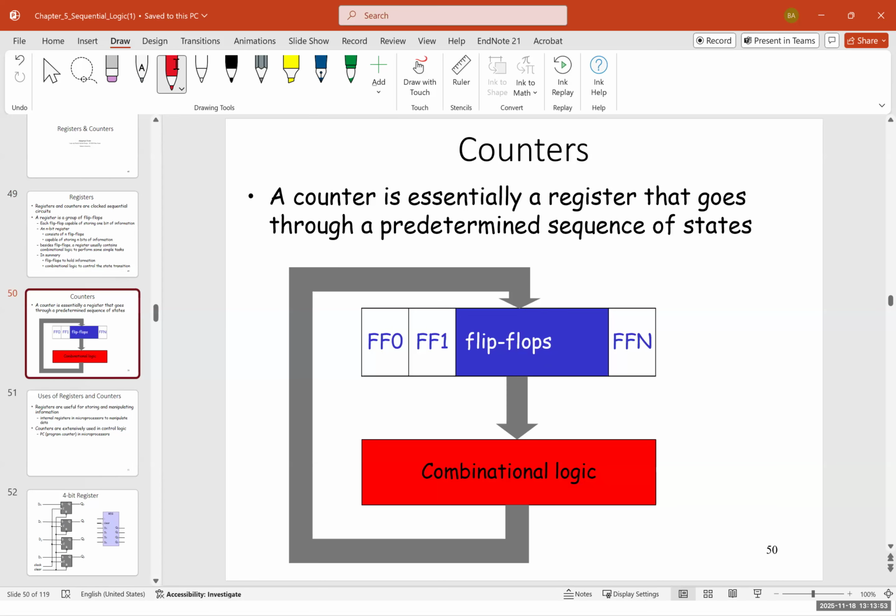Now, what is a counter? A counter is essentially a register that goes through a predetermined sequence of states. Okay. Why do we need to have a memory in a counter? If we don't have a memory, we can't count anything. When we are counting 1, 2, 3, 4, we already know that the previous number was 3.